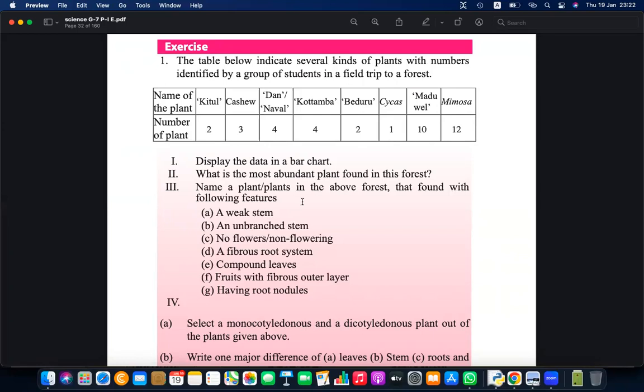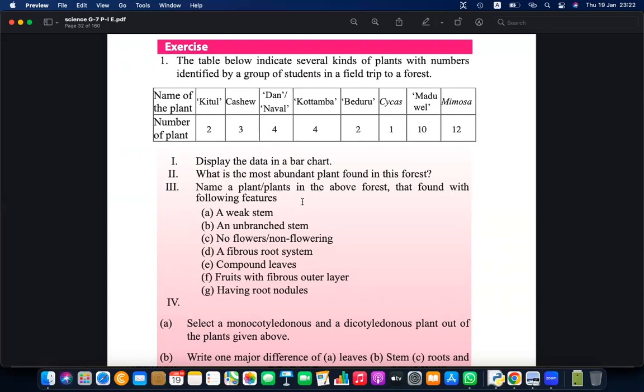The first one is: the table below indicates several kinds of plants with the numbers identified by a group of students in a field trip to a forest. Right. So these are the trees they saw when they went to the forest.